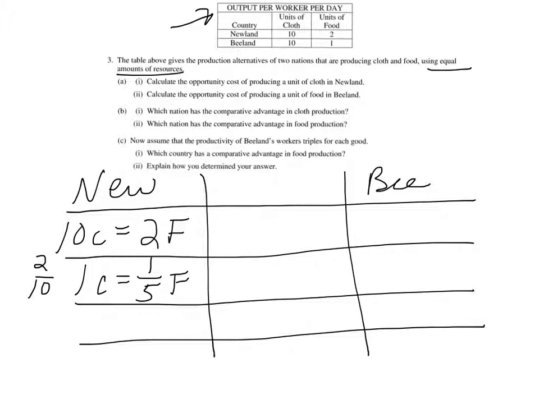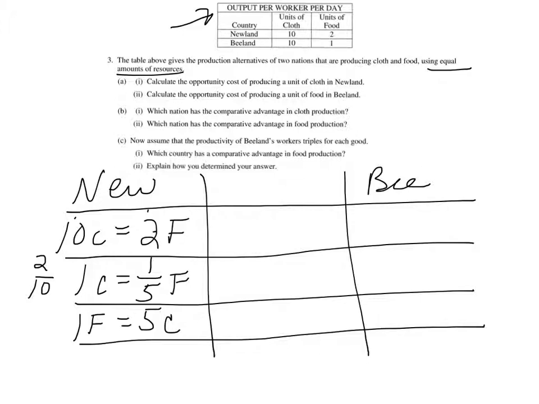So what I'm not producing divided by what I am going to produce gives me 1/5. Then 1 food, of course, reducing this down, is going to equal 5 units of cloth. So we've got the opportunity cost for Newland of cloth production and food production.